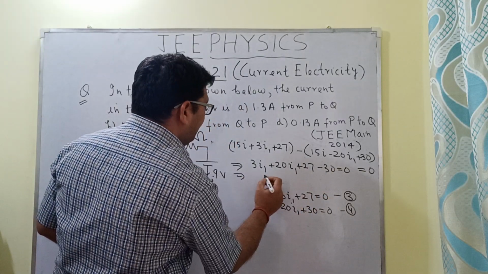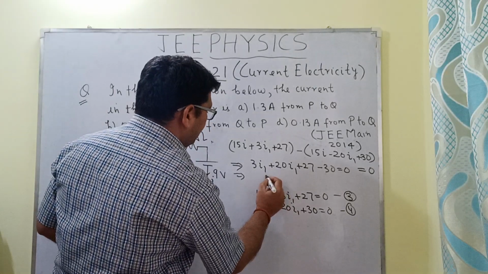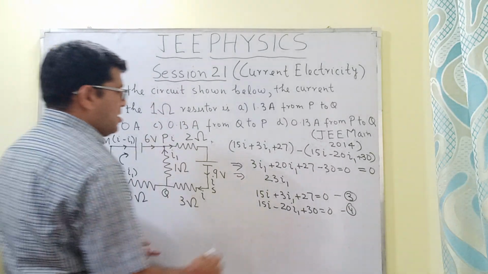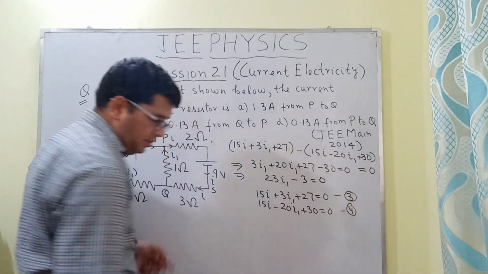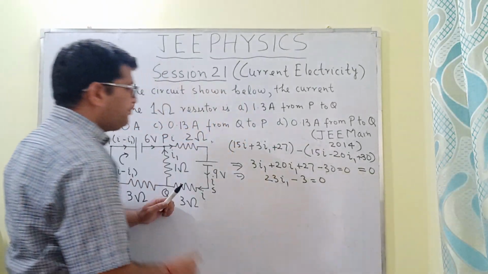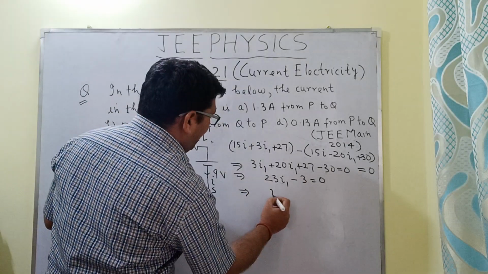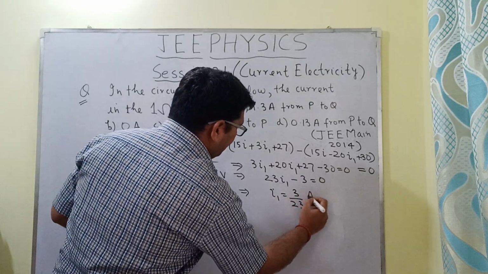So it implies that 23I1 minus 3 is equal to 0. It implies that I1 is equal to 3 upon 23 ampere.